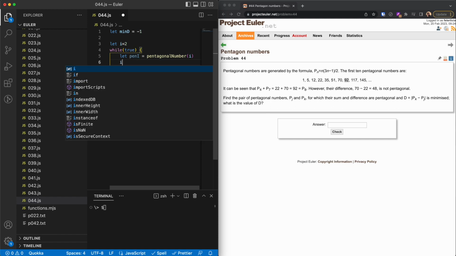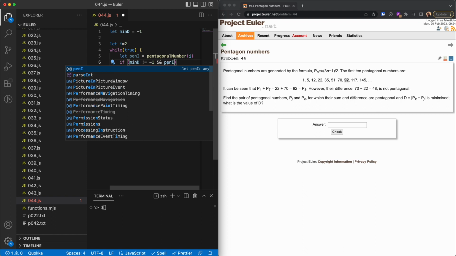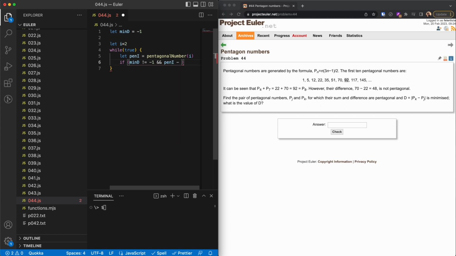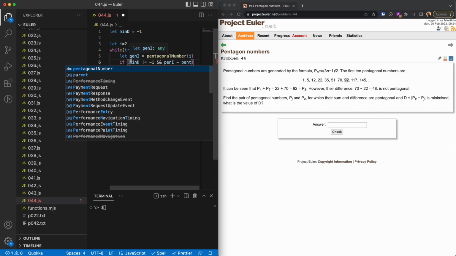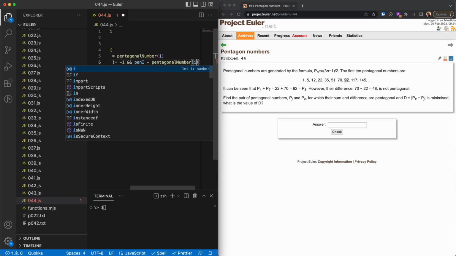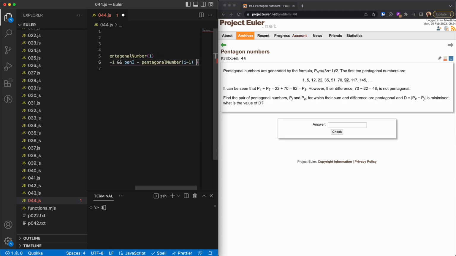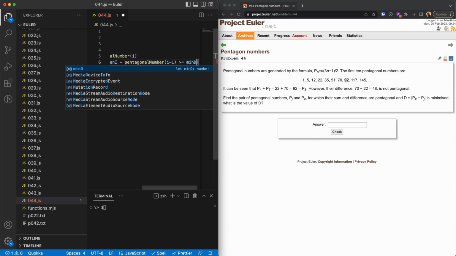So I would say if the min d is not -1, we have found something, and this number, pen of I minus pentagonal number 1 less than I, is bigger or equal to min d.